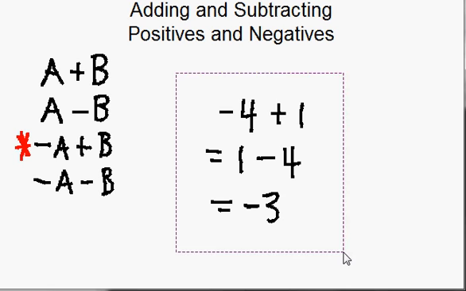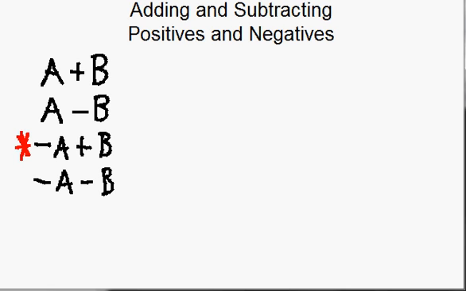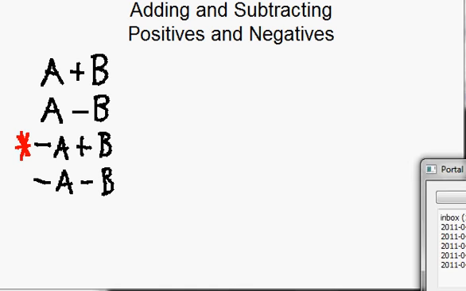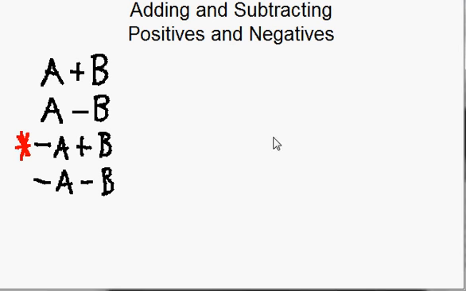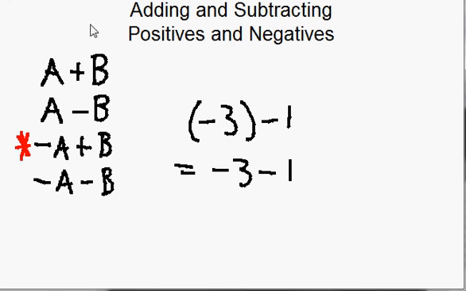Okay, so let's try another example here. Suppose we had negative 3 minus 1. So in that case, I can get rid of the parentheses again. It's negative 3 minus 1. Which of these cases is it? Well, it's just the negative A minus B case.